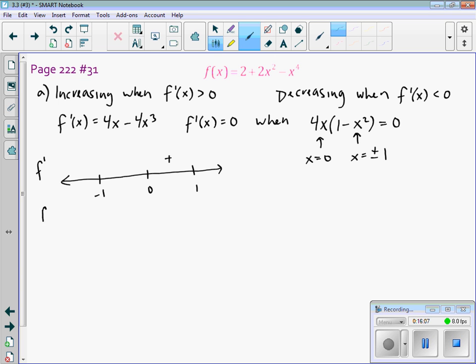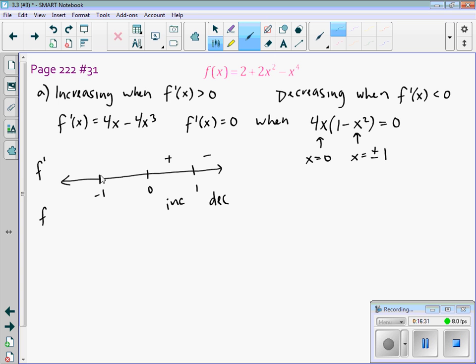What does that mean about my function? It's increasing. I just always write it like this so it's easier for me to actually see what's going on. If I plug in something bigger than 1, like a million, we get positive and negative. So it should be decreasing.